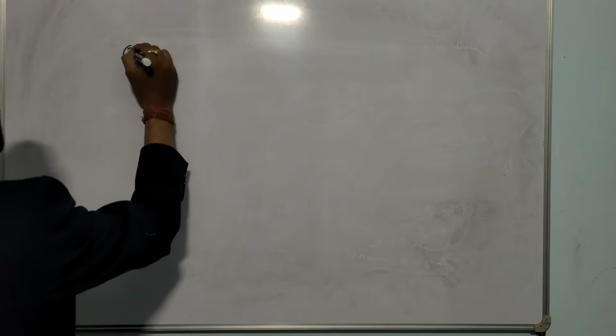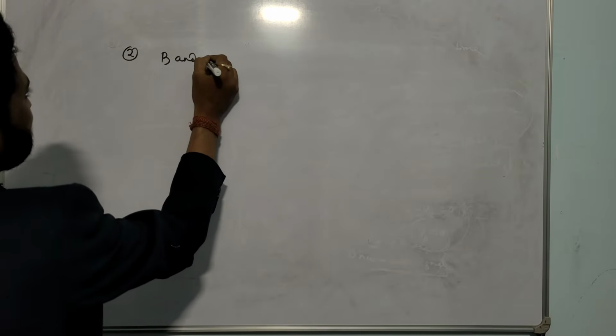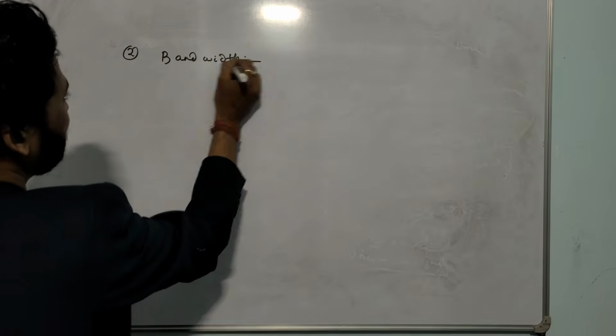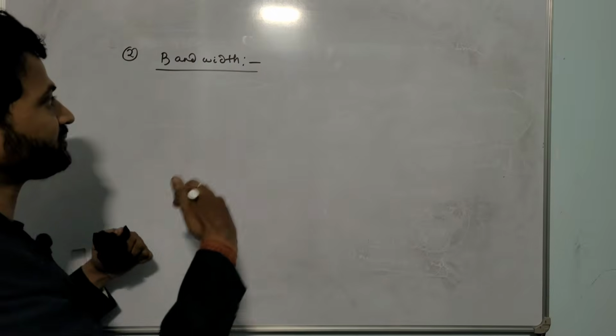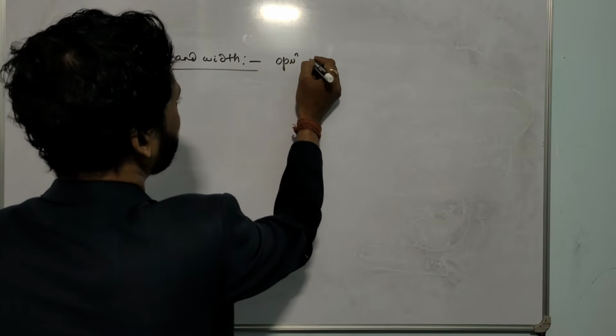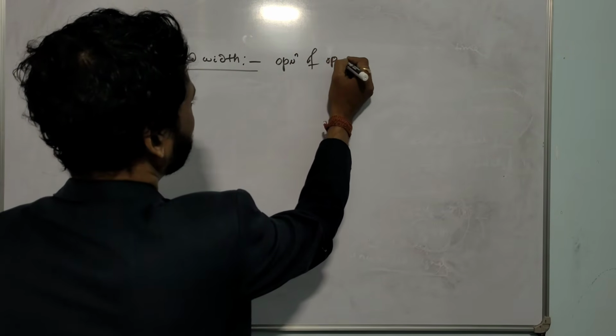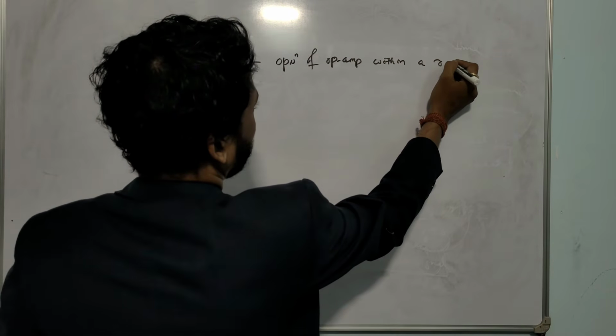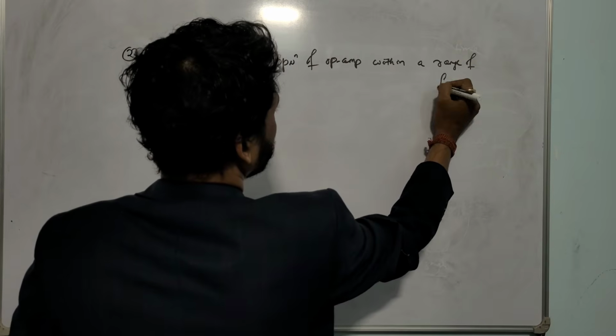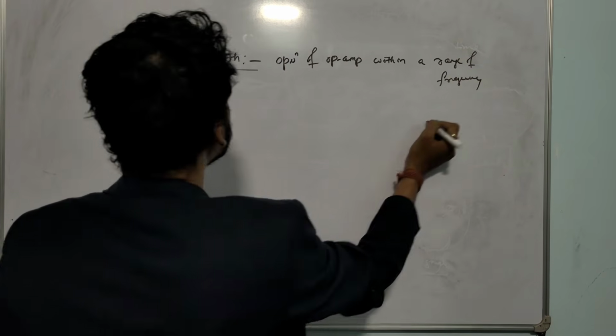Next is second term, bandwidth. Bandwidth मतलब क्या है, that the range of operation of OPAMP within a range of frequency, that is called bandwidth.